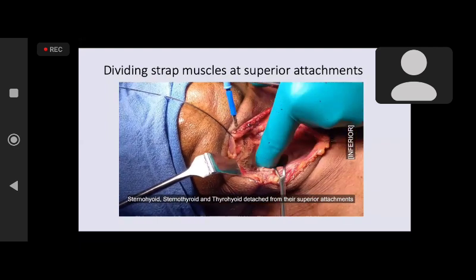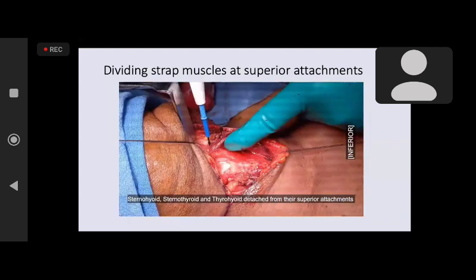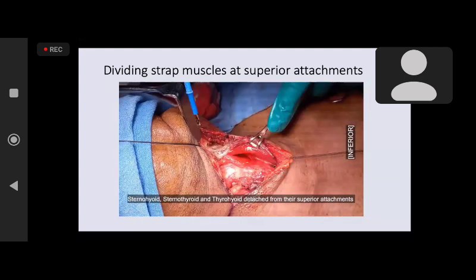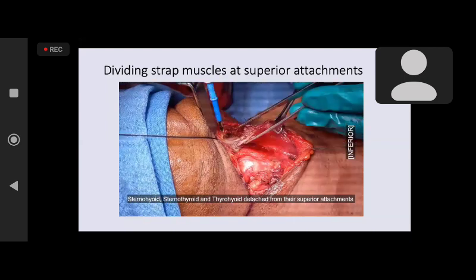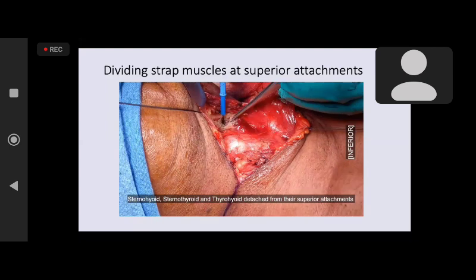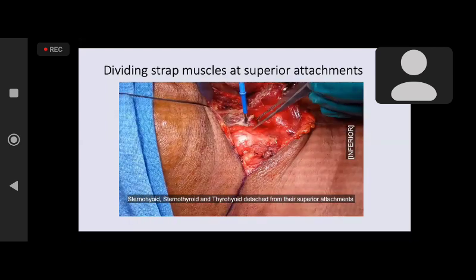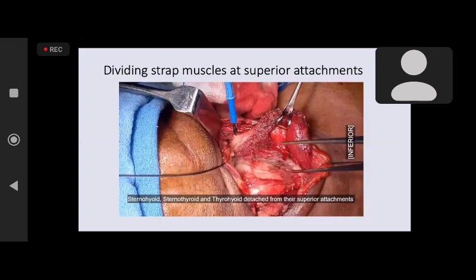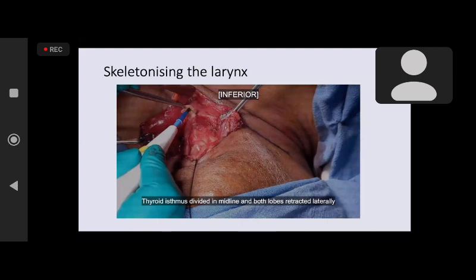The strap muscles are retracted laterally after releasing, so that the whole larynx can be exposed. And we need to scrutinize the larynx.